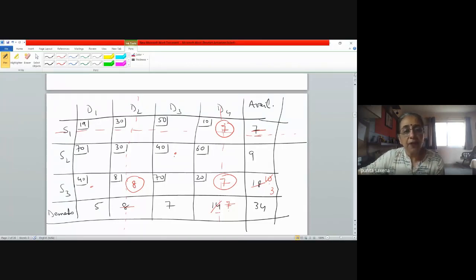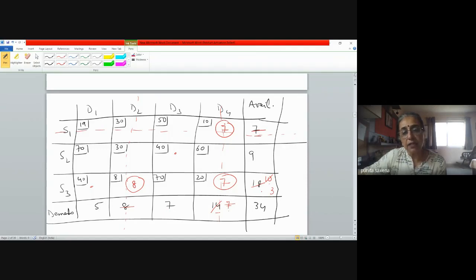But if I choose S2D3, then the allocation made would be the minimum of 9 and 7, which is 7.